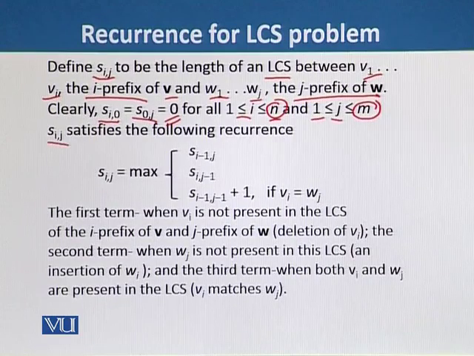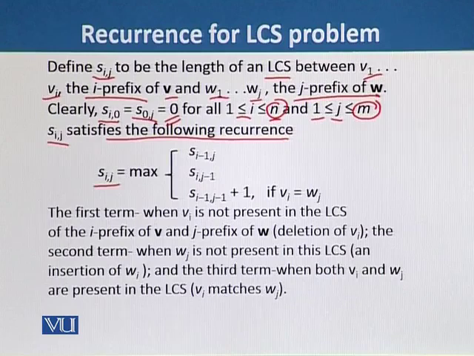Similarly, S(i,j) satisfies the following recurrence. We have seen that both the Manhattan-Tourist problem and the longest common subsequence have the same recurrence and the same recurrence solution. We have already found the recurrence for the Manhattan problem, and now we will see the recurrence for the edit graph, in which we calculate the longest common subsequence.